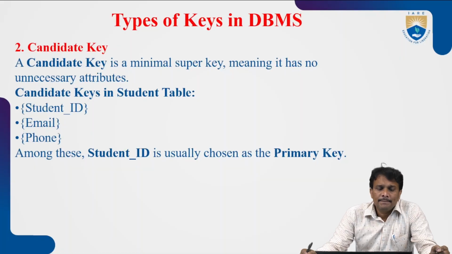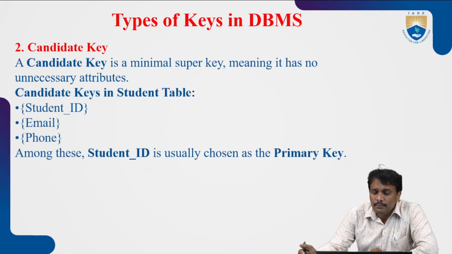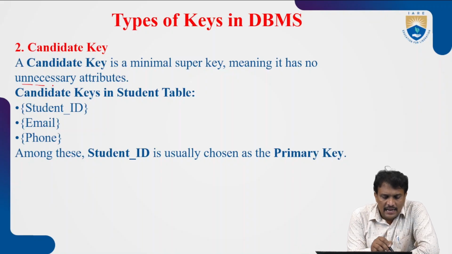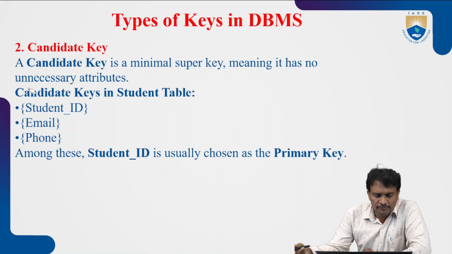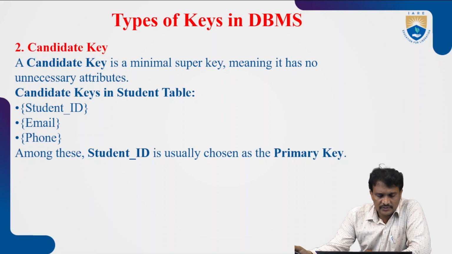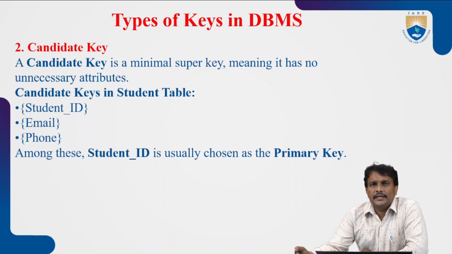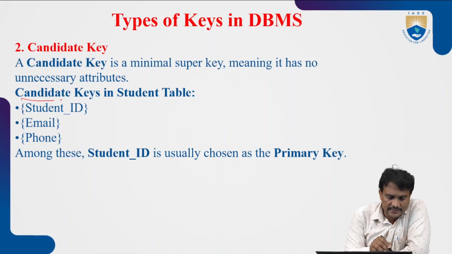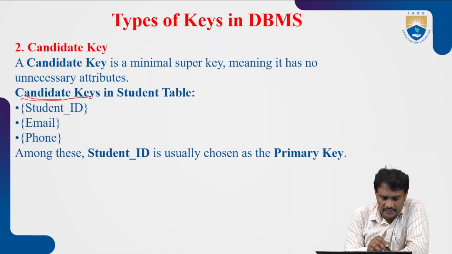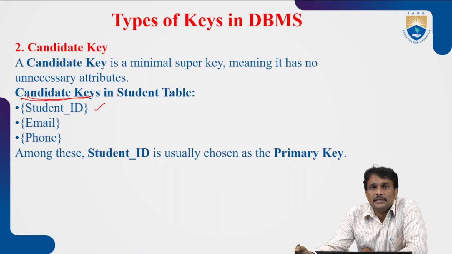And coming to the candidate key. A candidate key is a minimal super key. So it has no unnecessary attributes. For example, candidate keys in the student table. So what are the candidate keys? Student ID is a candidate key.